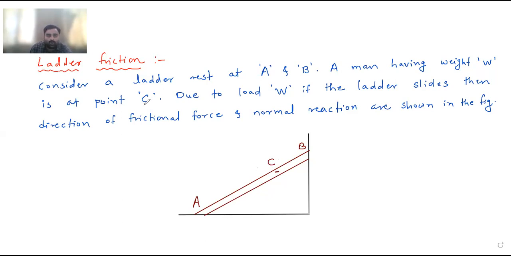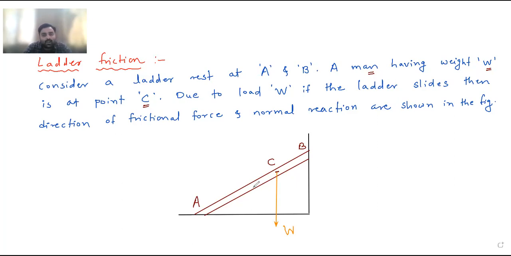Now on this point C, who is there? A man is there whose weight is W Newton. So the weight of the man is W Newton. In addition to this, the ladder has its own weight. The man's weight acts vertically downward.